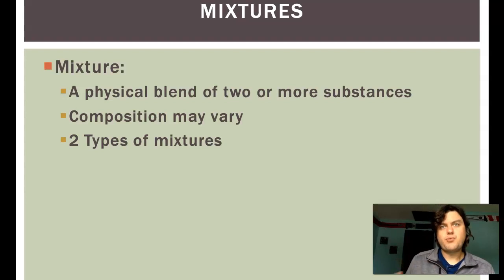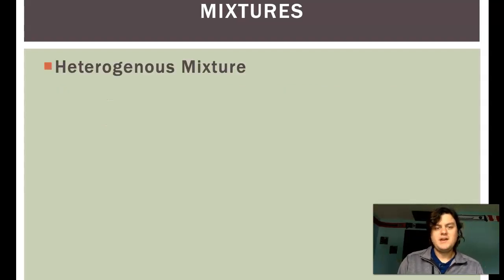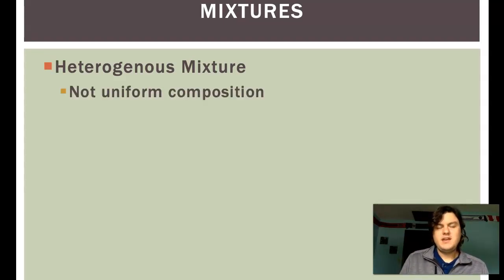We will break mixtures down into two different categories. It's really important that we have a fundamental understanding of what these two categories are and how we can recognize and define them. The first is a heterogeneous mixture. In a heterogeneous mixture, the composition is not uniform.